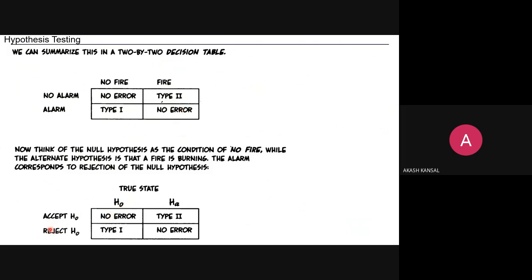So if this is your true state, H naught, the null hypothesis, and the alternate hypothesis, then for no error you have to accept H naught when H naught is true, and reject H naught or accept HA when the alternate is true. And you will reject H naught in case of type 1 error, and you will accept H naught in case of type 2 error.